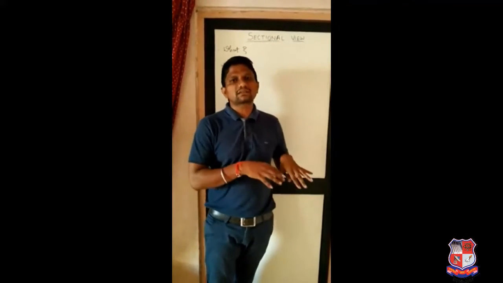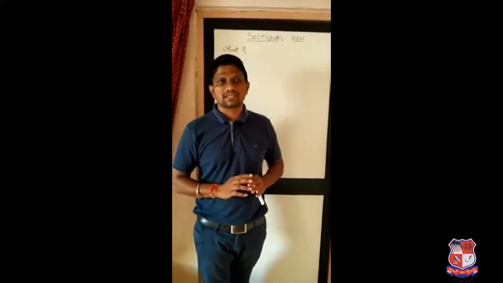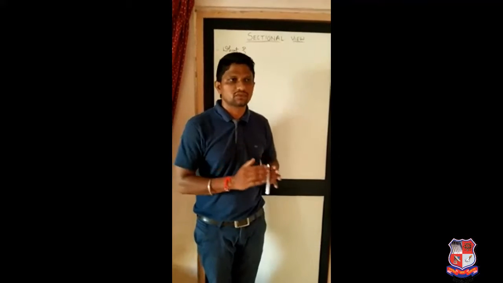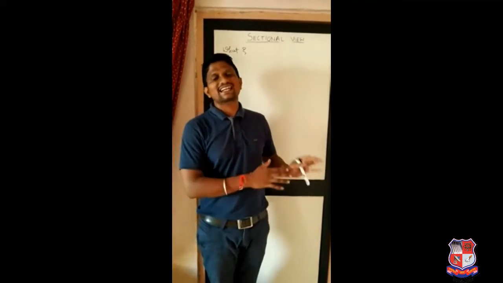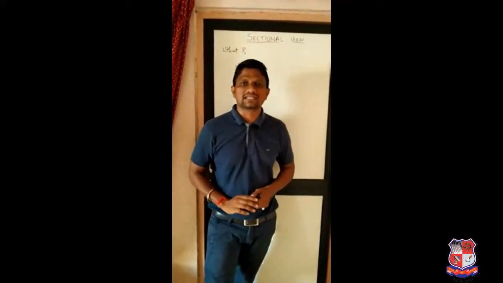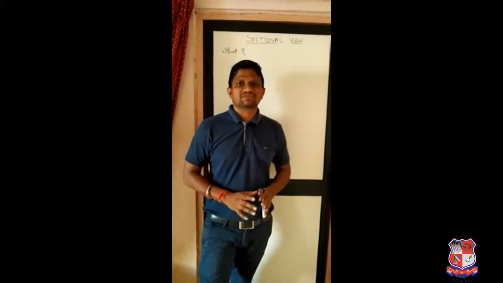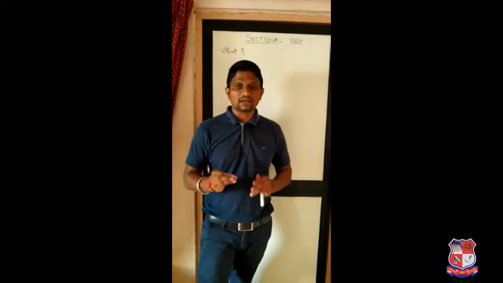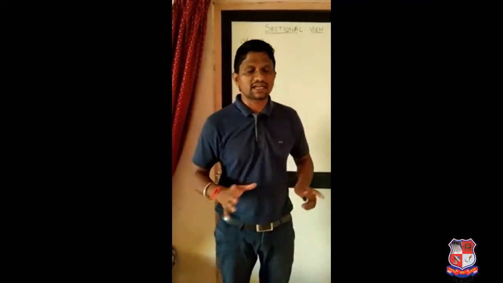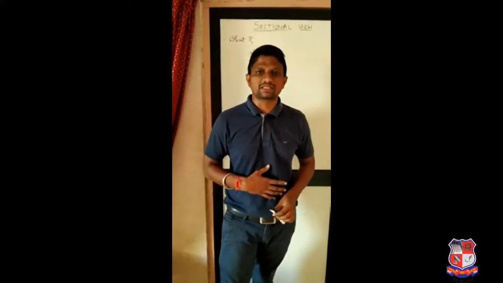So in those 3 views, there may be hidden portions which are not visible from the normal view. Those hidden portions are indicated with the help of a dotted line. Now, if the object contains numbers of hidden parts, then it is known as a complicated object, right?